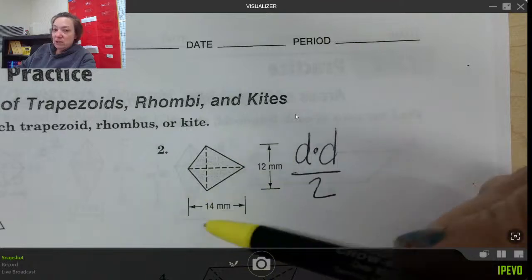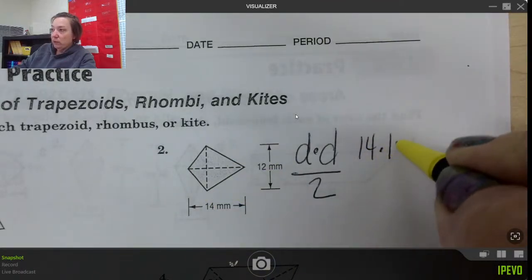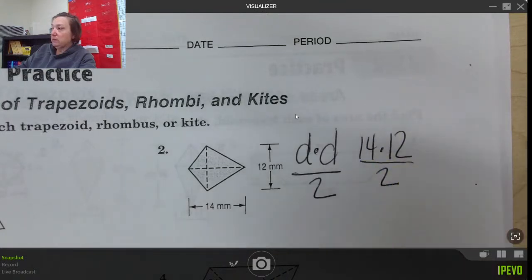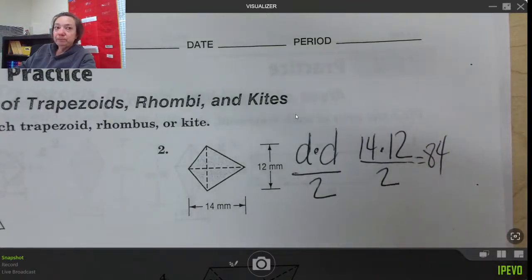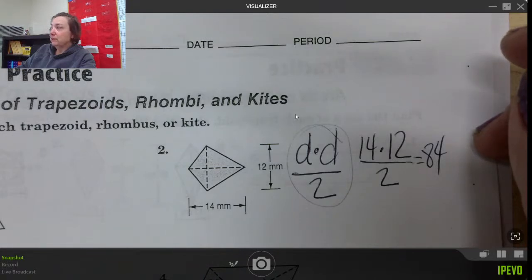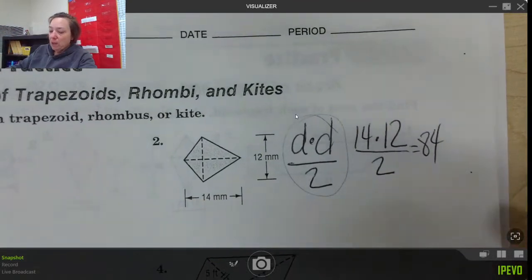So, in this case, we would take 14 times 12 and then divide by 2. That's our answer. That's also not what the official formula looks like, but it's easier to remember that way. The official formula is 1/2 times D1 times D2.